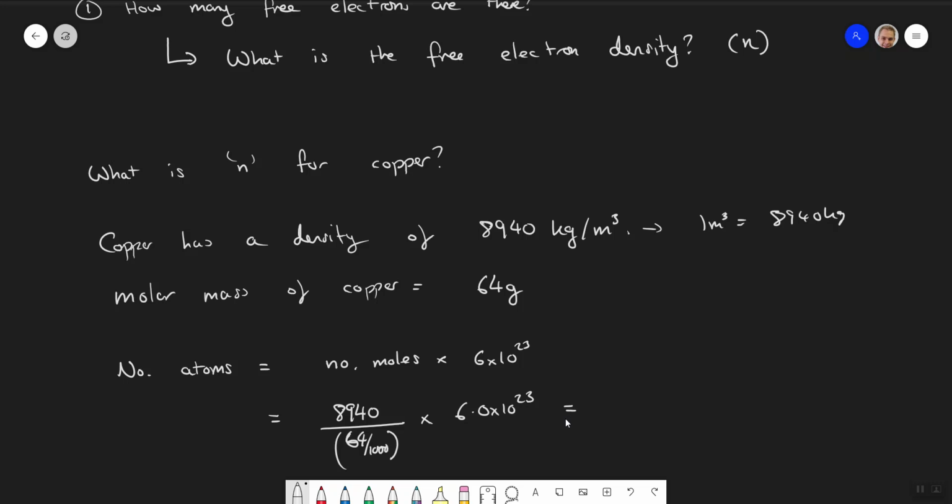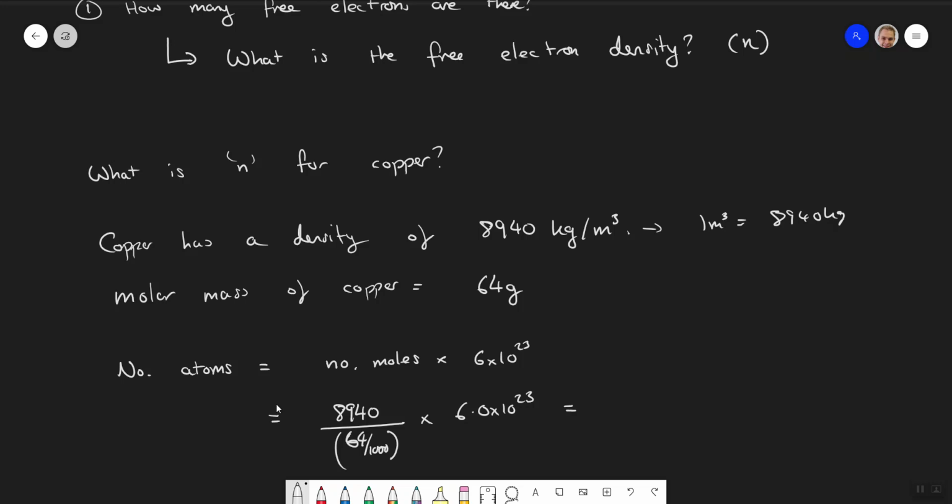I'm going to get a huge number. Okay, so I get 8,940 over 64, approximately 140,000. About 140,000 moles is what I've got here, times 10 to the 23.